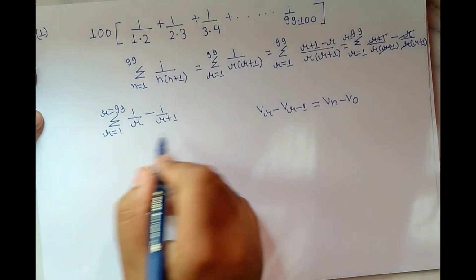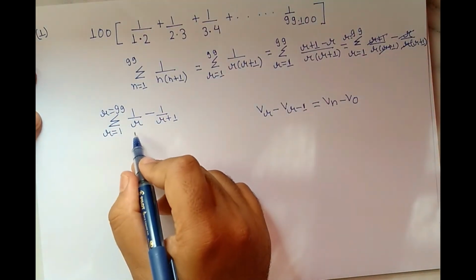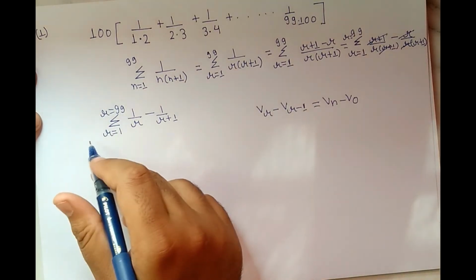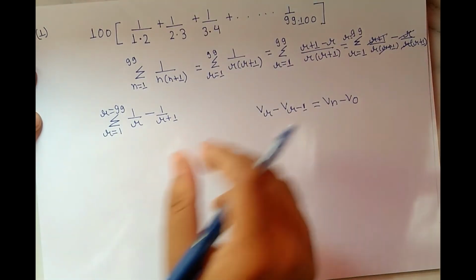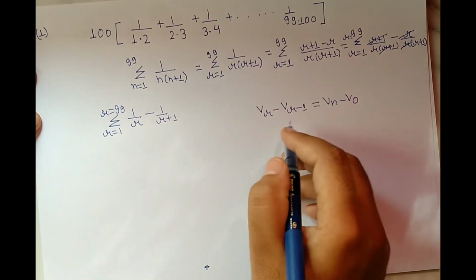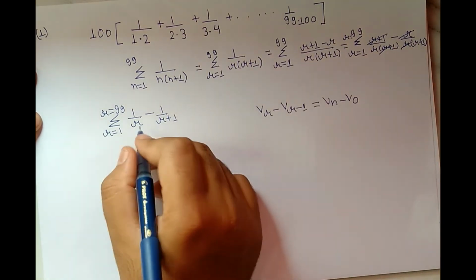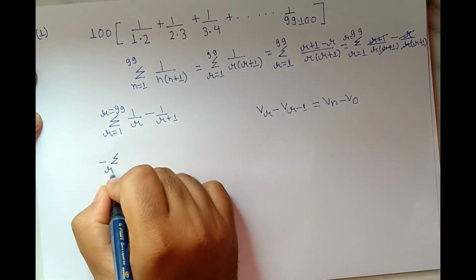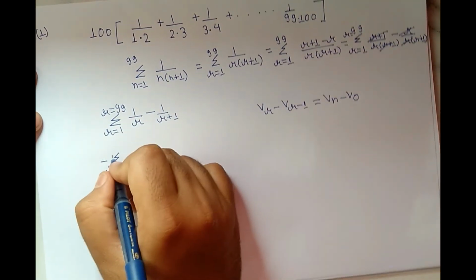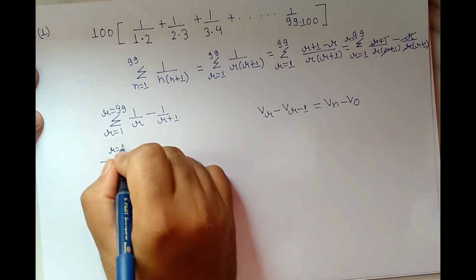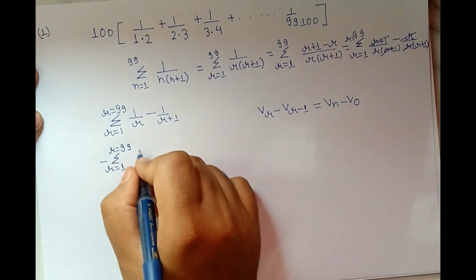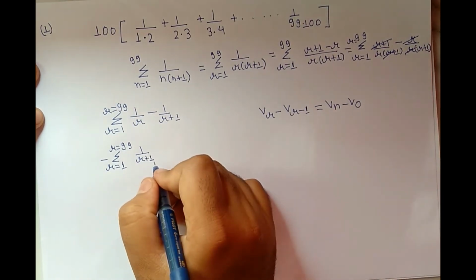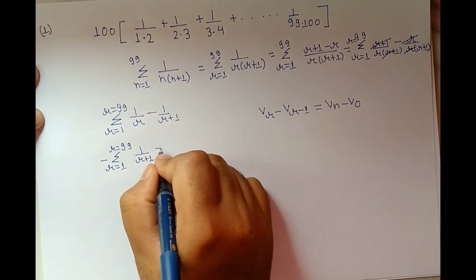Now, we can see that this is actually of the format Vr minus Vr plus 1. So we will take the minus sign outside so that it converts to the form of Vr minus Vr minus 1. If I'm taking the minus sign outside, I would get minus sigma r is equal to 1 to r is equal to 99, 1 by r plus 1 minus 1 by r.